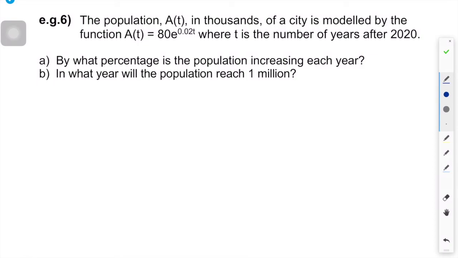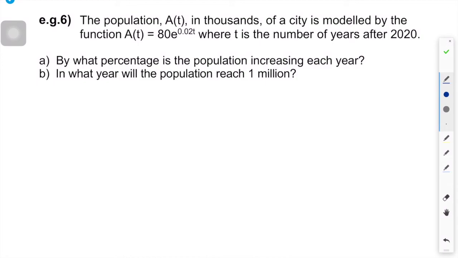Last but not least, let's take a look at an application question. So the question says, the population A of t in thousands of a city is modeled by the function A of t equals 80 times e to the power of 0.02t, where t is the number of years after 2020.